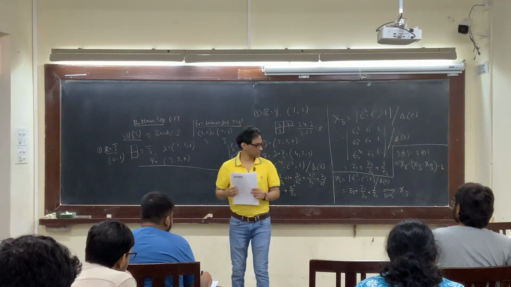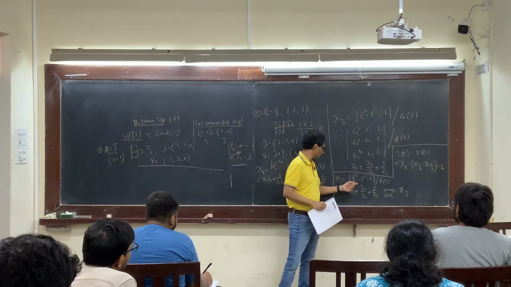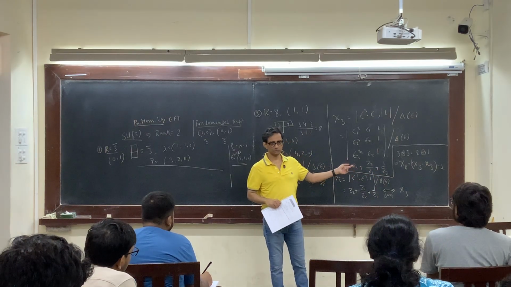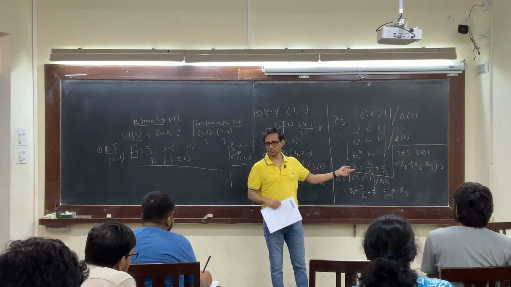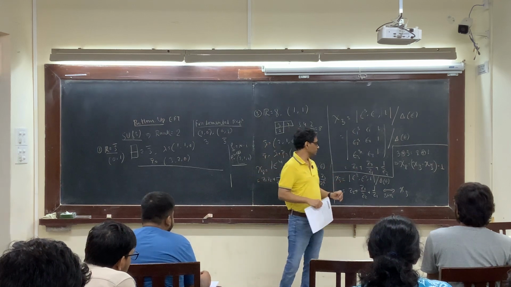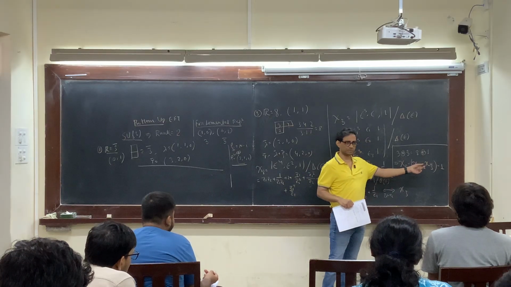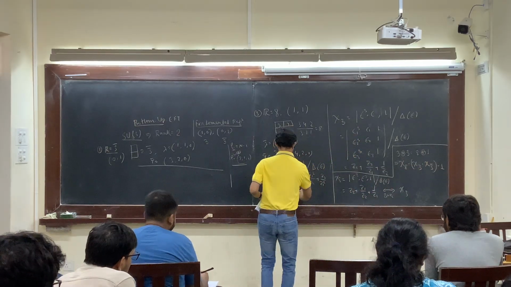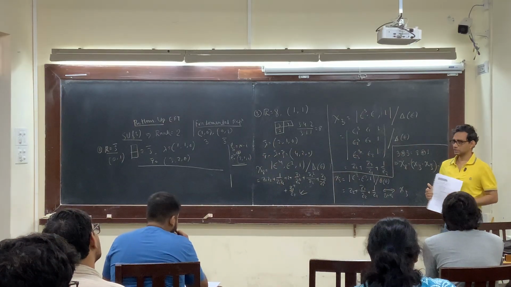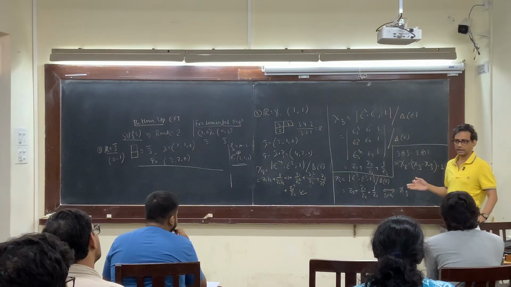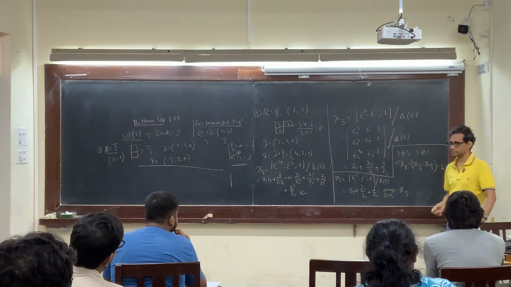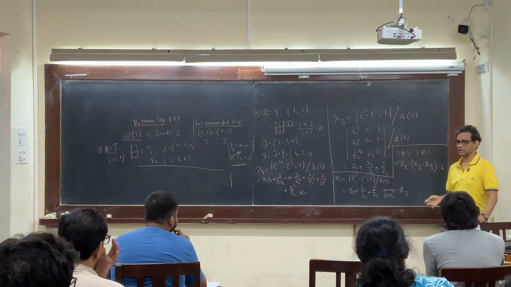Now I have computed chi3 and chi3 bar, and what is the character for the singlet? 1, right? Simple. So if you multiply and then subtract 1, you should get this one. So that representation's information I can extract here and verify. And similarly, you can construct the other higher representations and so on.